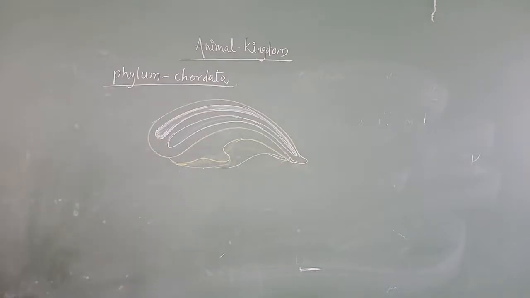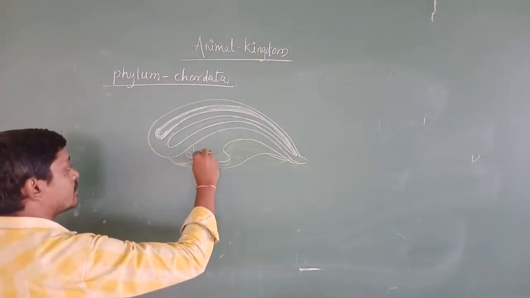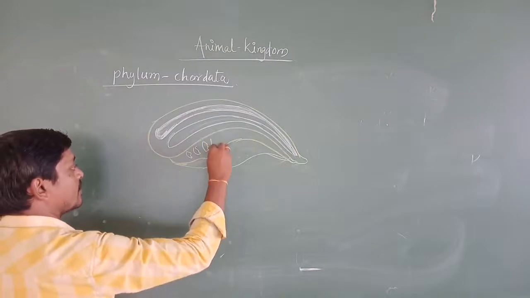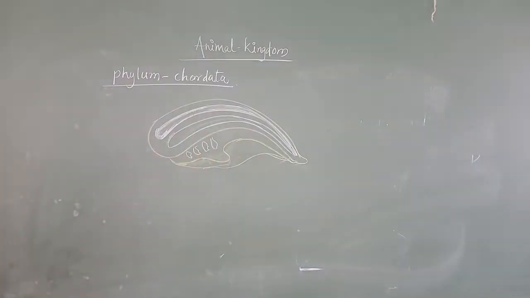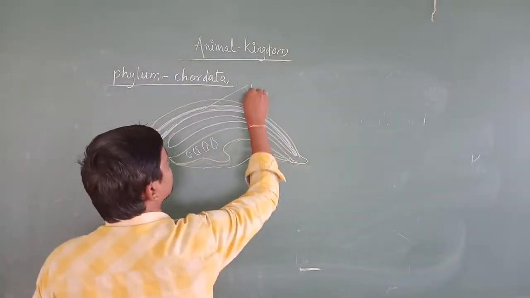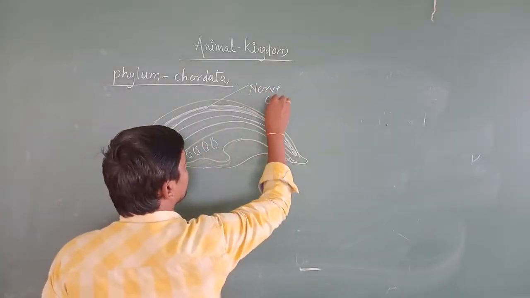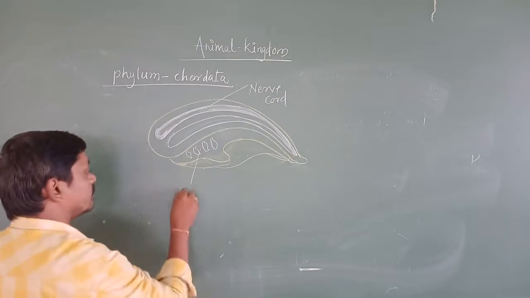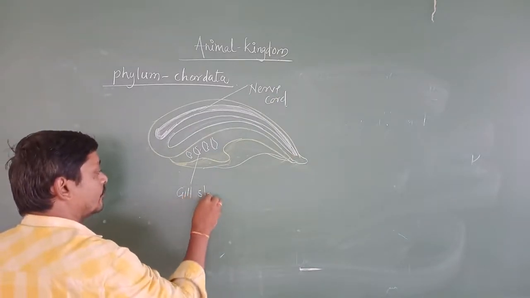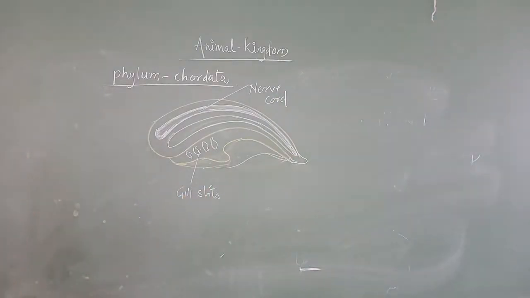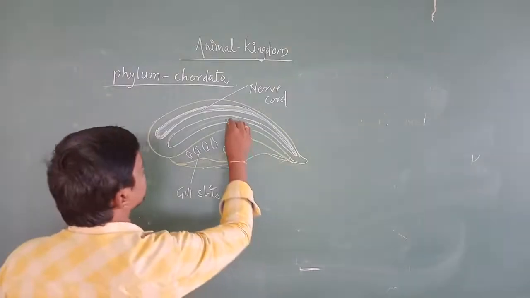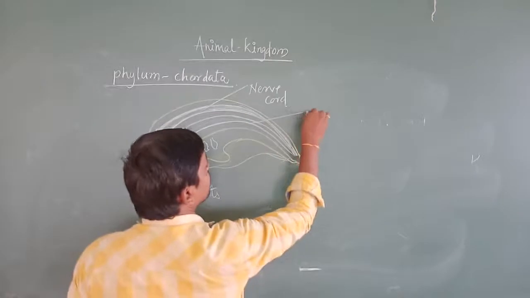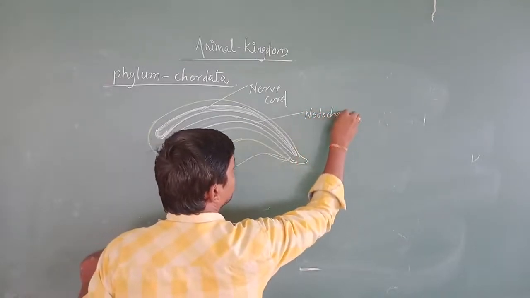Right. Here you are going to find such structures. These are called gill slits. And this is the nerve cord. Gill slits, nerve cord, gill slits. Below this is the notochord.